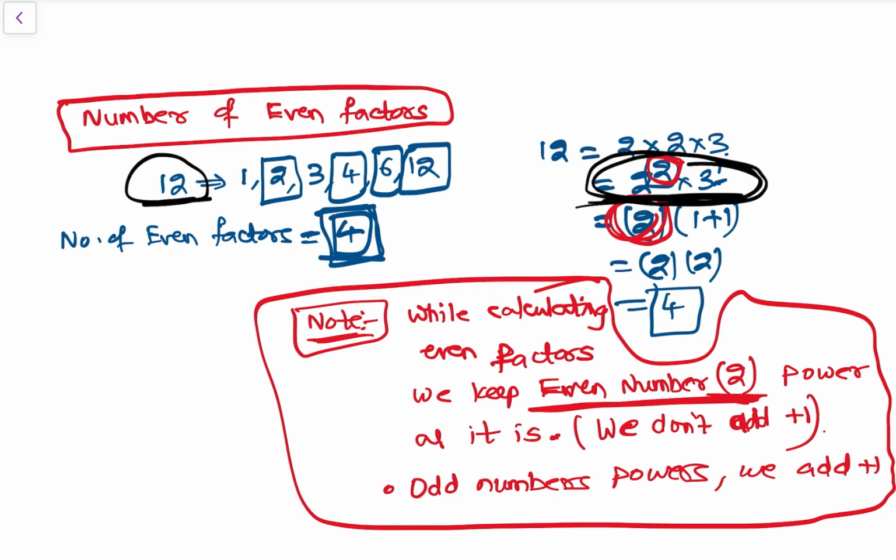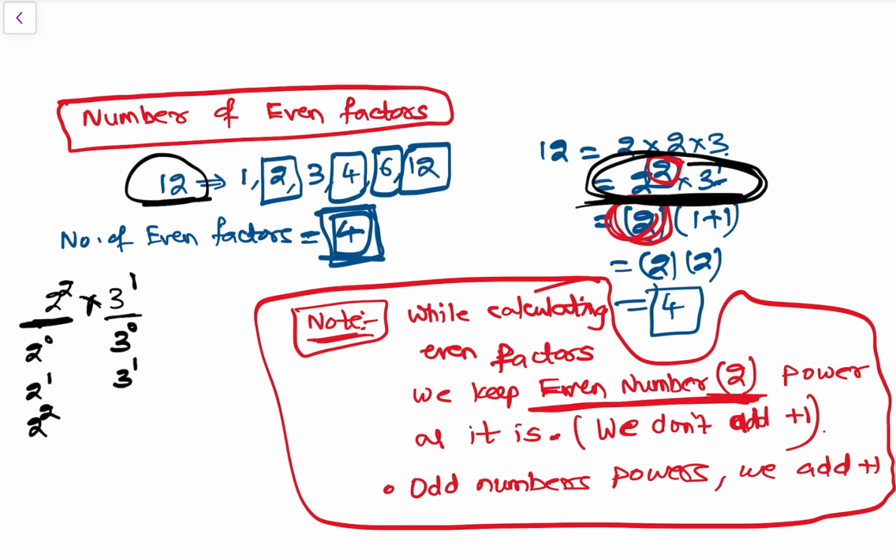Final factorization we got is 2 to the power 2 into 3 to the power 1. So now 2 to the power 2 can be written as 2 to the power 0, 2 to the power 1 and 2 to the power 2. Then 3 to the power 1 can be written as 3 to the power 0 and 3 to the power 1.